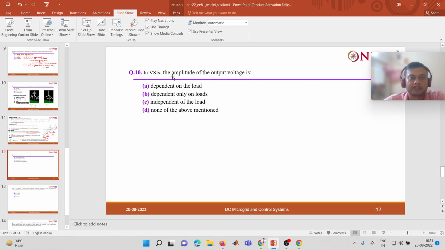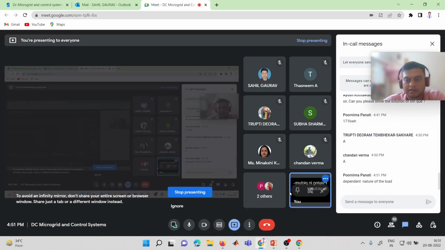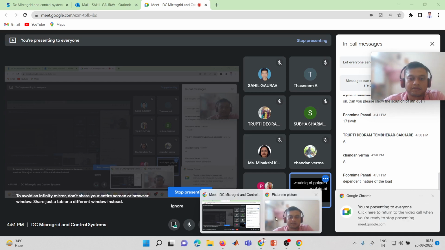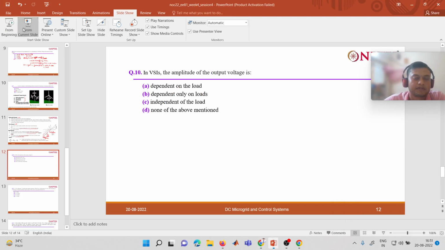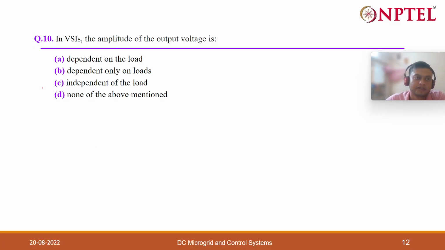In voltage source inverters, you are varying the output voltage by providing switching pulses, and it depends on the input side voltage, so it does not depend on the load, so it is independent of the load. I think both Chandan Verma and Trupti have given the correct answer. So it is independent of the load.